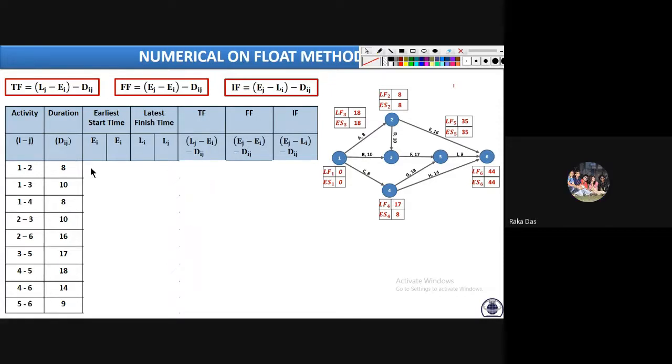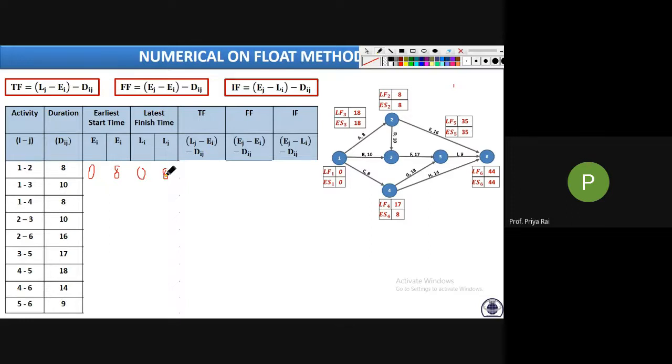Ma'am, total for 0. Total 4. For which? For the first one, 1 to 2? Yes, it will be 0. First try to fill up this thing, then it will be easy. Say for example, here it was 0, this is 8, this is 0, and this is again 8.